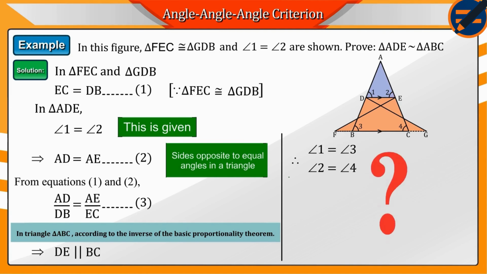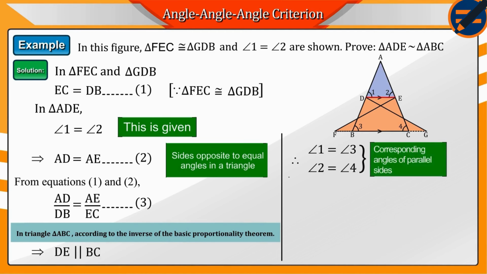Can you tell why? As we know that the angles corresponding to the parallel sides are equal, because of which in triangles ADE and ABC, angles 1 and 3 and angles 2 and 4 are equal.